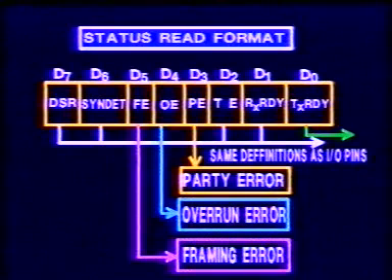Suppose the CPU wants to send an 8-bit data to 8251 for serial transmission. First, the CPU checks whether the 8251 is ready. It does the checking by reading the D0 bit of the status word.